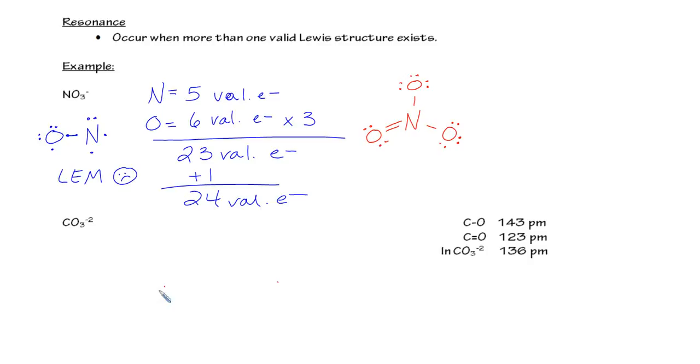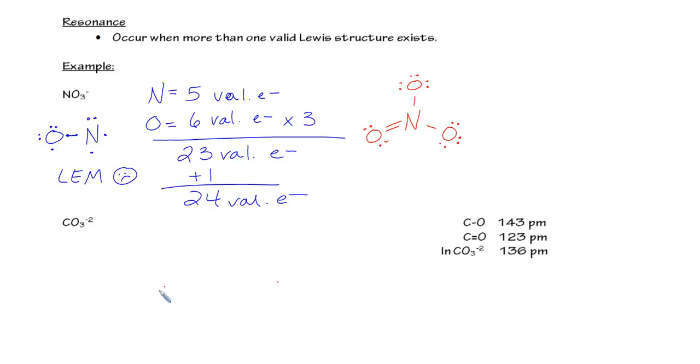Okay, so if this structure was correct, it looks as if one of the oxygen-nitrogen bonds is different than the other two, right? And if that is the case, if one's a double and the other two are singles, you would expect a few things.